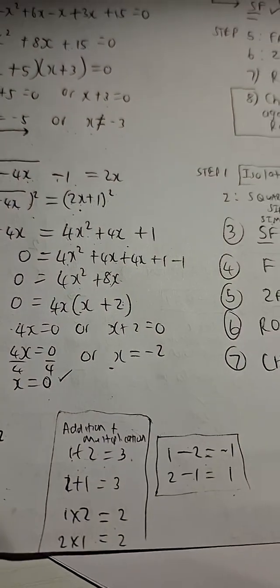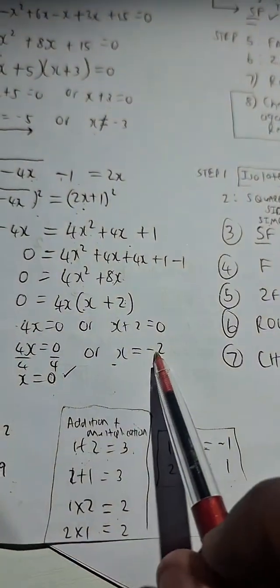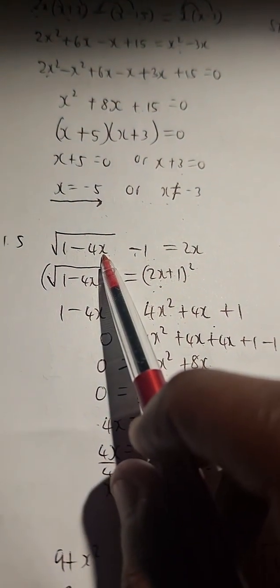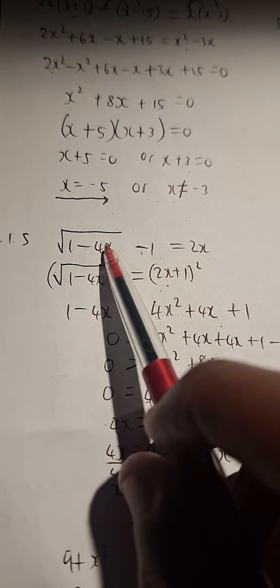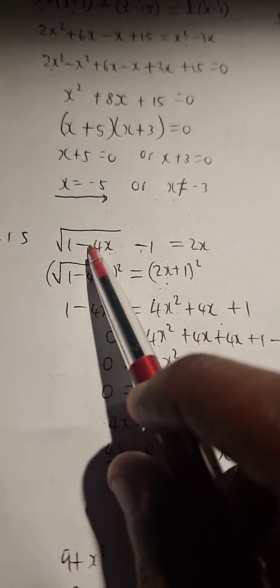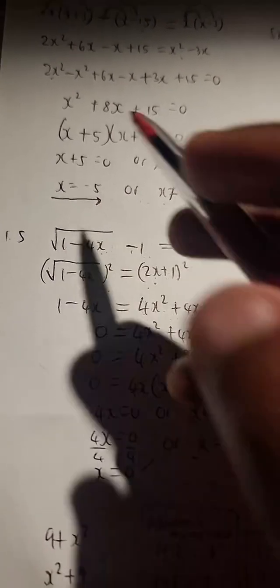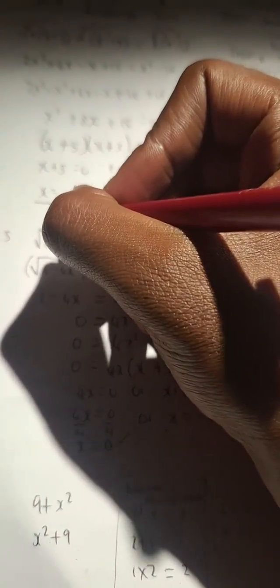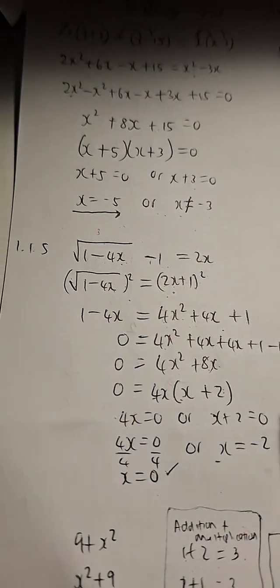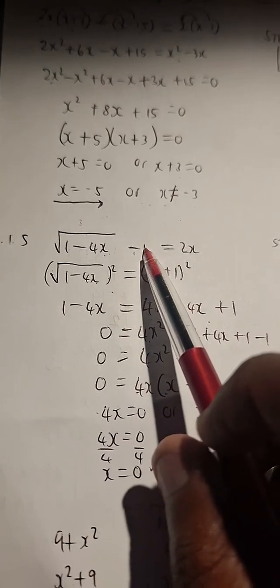Take negative 2, do the same thing. Negative 2, we multiply by negative 4 because we substituted here. So that's negative 4 times negative 2, which gives us positive 8. 8 plus 1 is 9, and the square root of 9 is 3. You can use your calculator to quickly check; you don't necessarily have to do all of this.